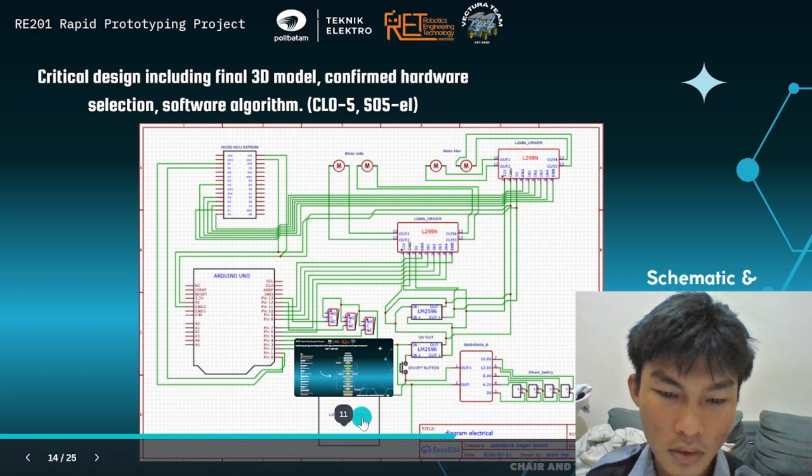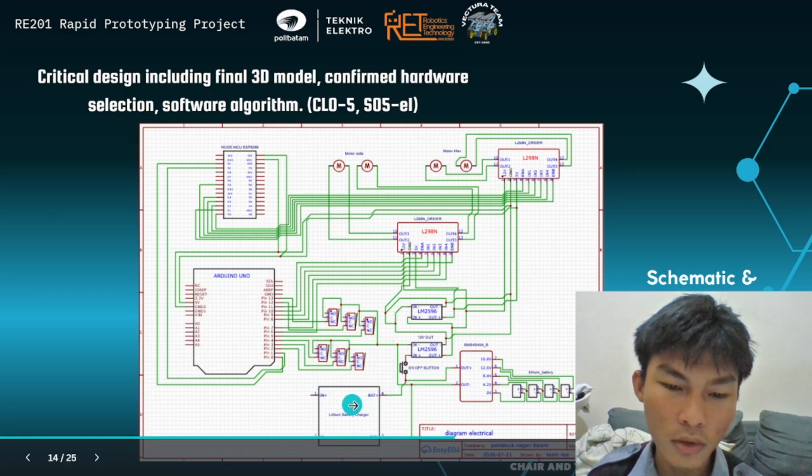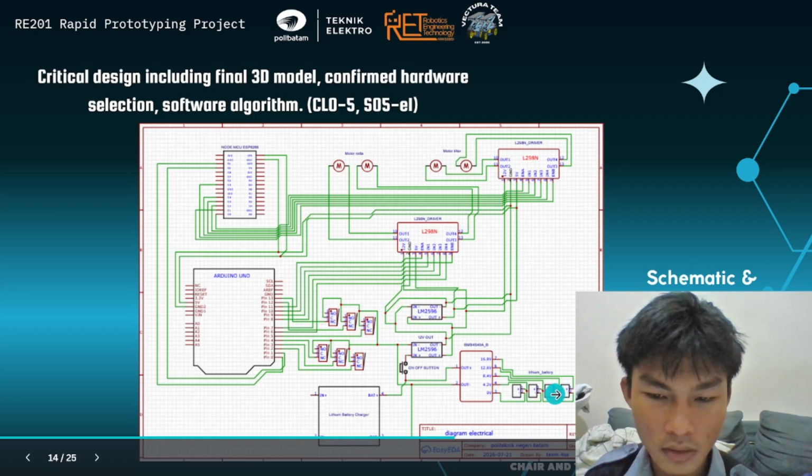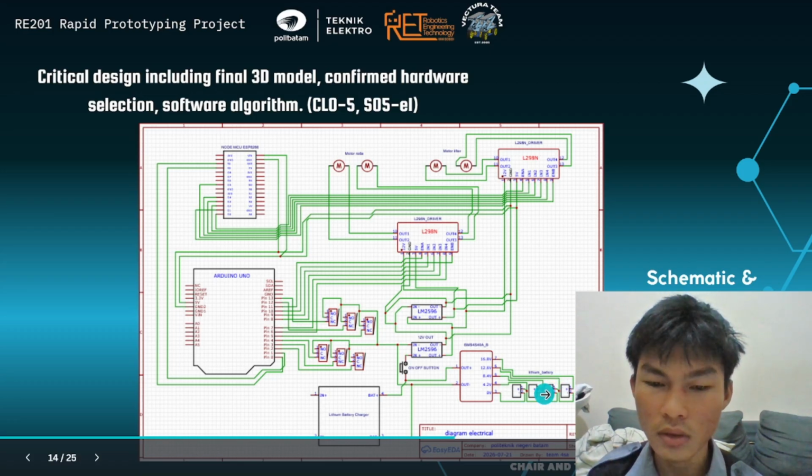This component is the battery charger for the robot, and this component is the battery to supply power to the robot.